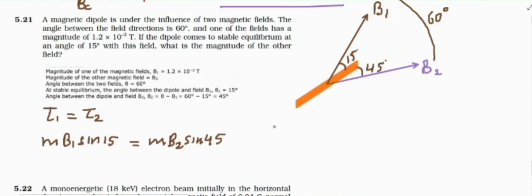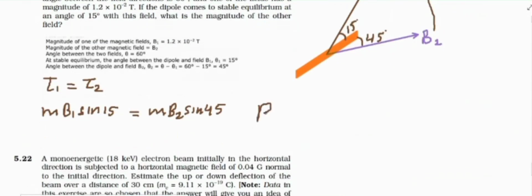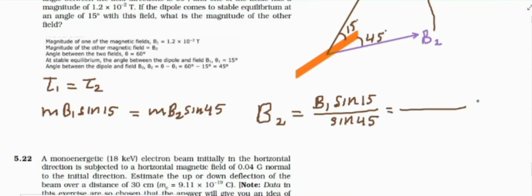M is same because we have the same needle, same magnetic moment. From that, you can find the value of B2. B2 is equal to B1 sine 15 upon sine 45. Substituting the values, you will get the answer.